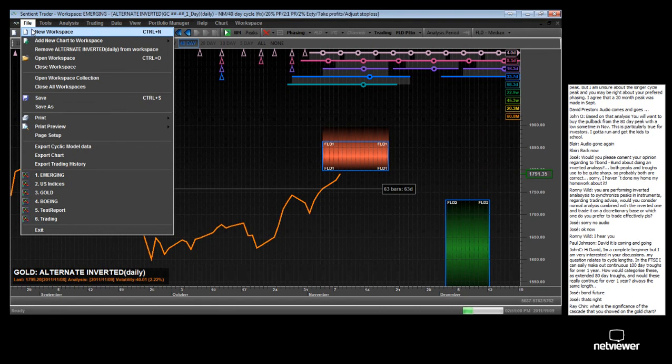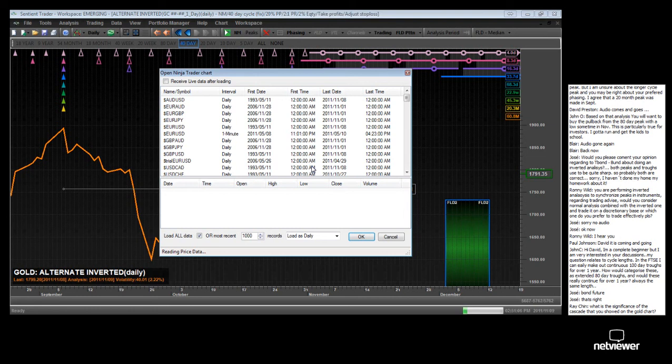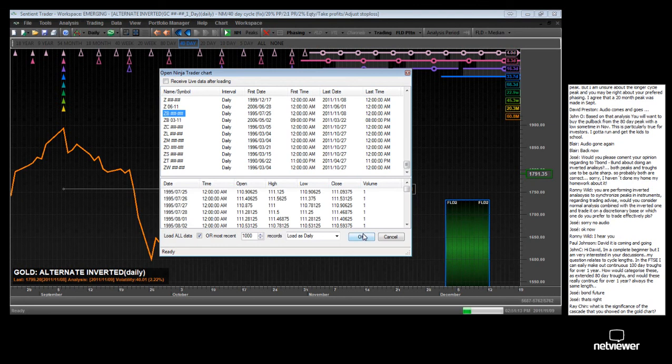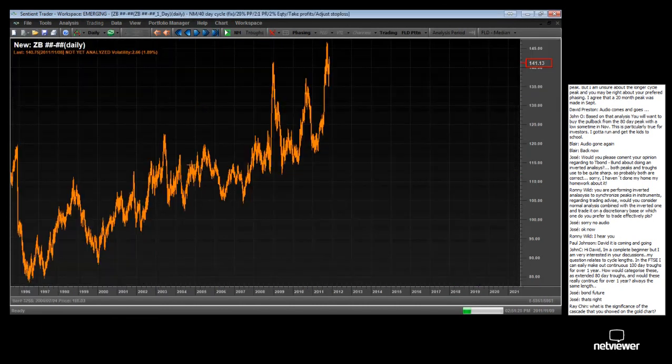Right, that's all we need from Ninja Trader. So let me create a new workspace. New workspace, Ninja Trader.